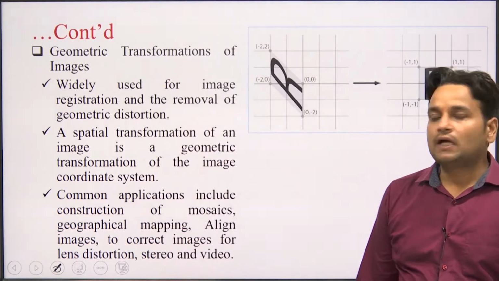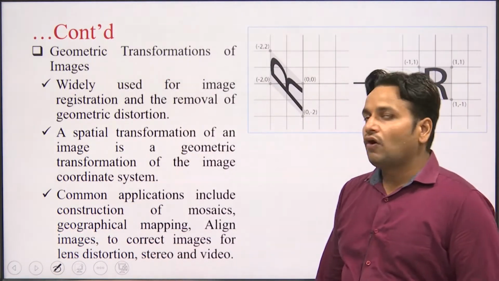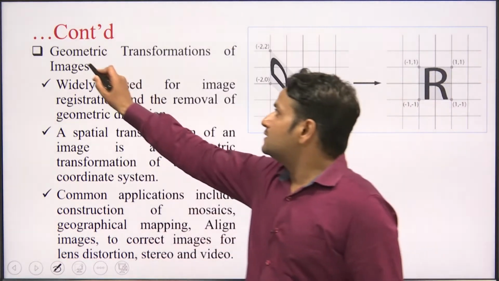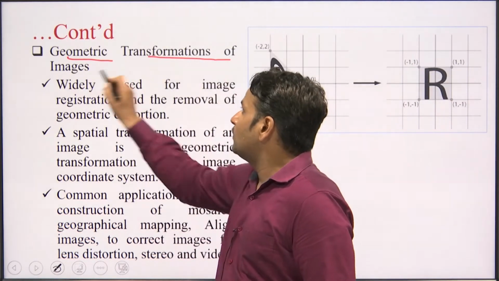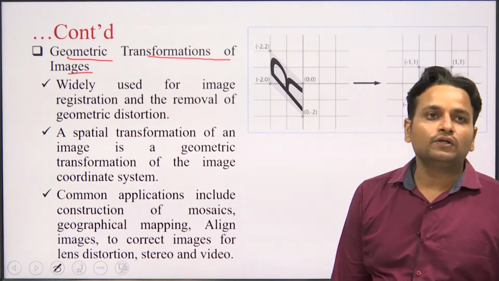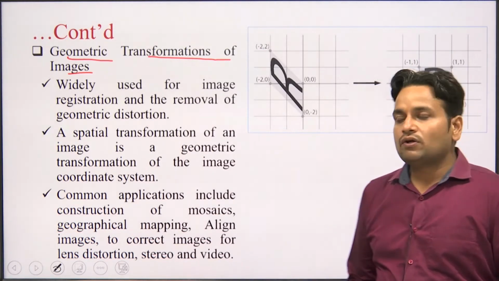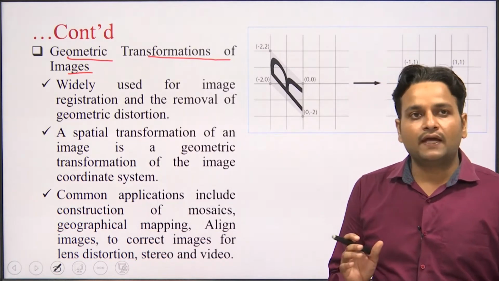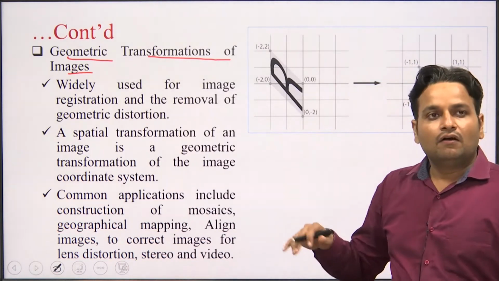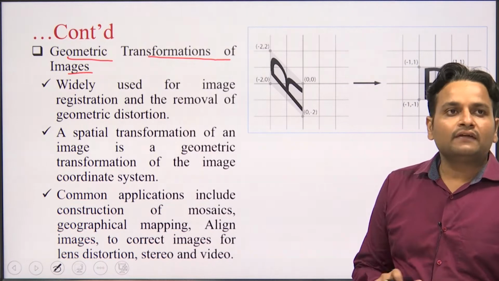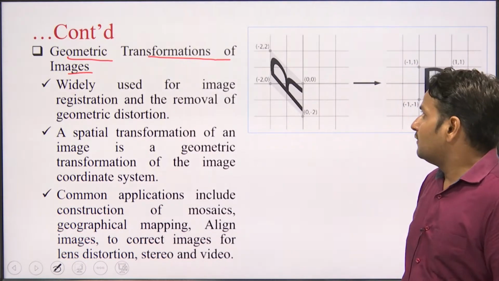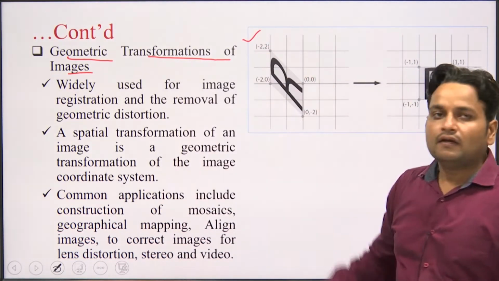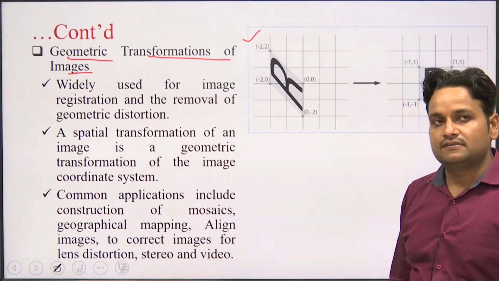Another operation of DIP is geometric transformation of images. If you want to tilt your image, or extract information from the image by tilting or moving it, then your coordinates can change.